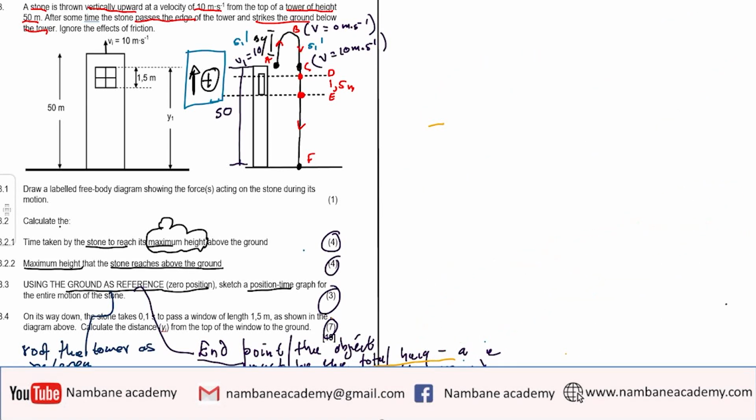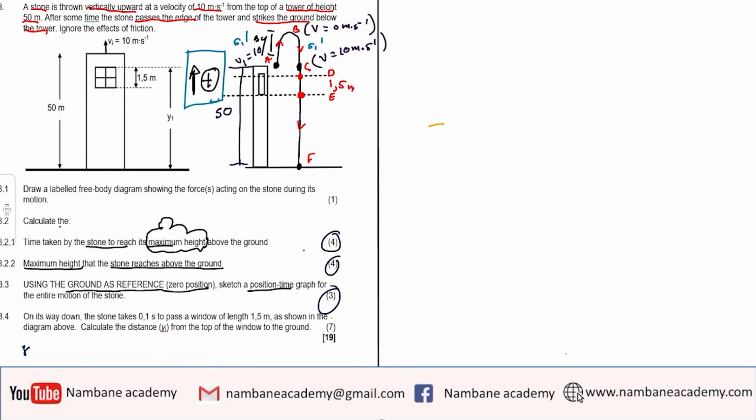However, we are going to definitely be asking you to be drawing either ground as reference or top of the building as reference. So that is very, very critical, ladies and gentlemen. You can easily lose that 3 marks just by not knowing how the shape of the graph should be like. So it becomes a very, very serious problem.